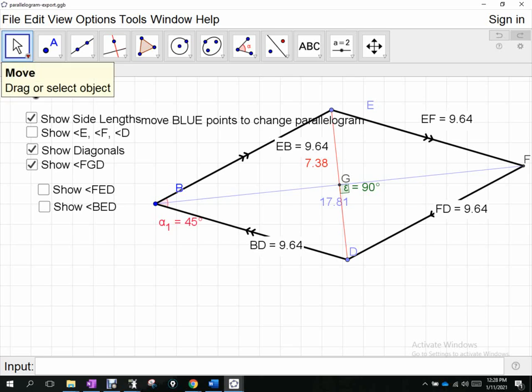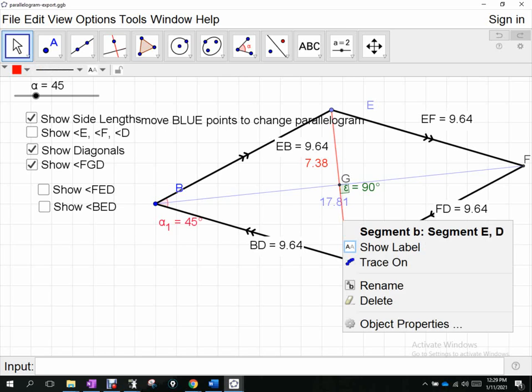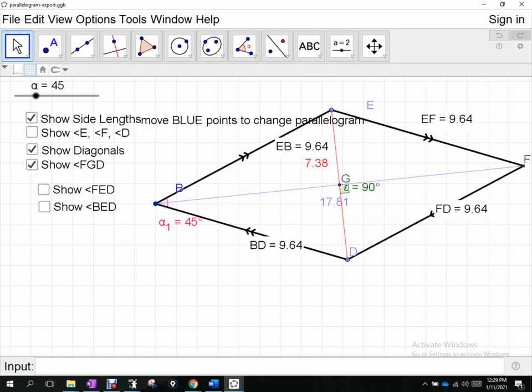So if I just look at this blue diagonal, it's going to bisect this angle down here that is 45, so it's half of 45: 22.5.